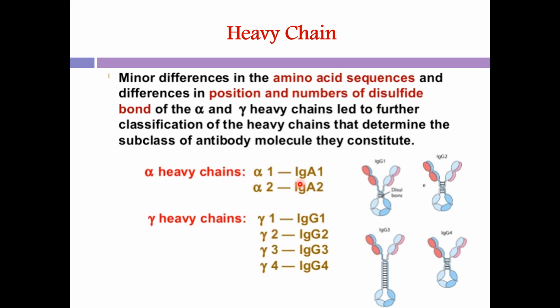So they are classified as alpha 1 and alpha 2, which are IgA1 and IgA2, and gamma, which gives IgG1, IgG2, IgG3, IgG4. So these two immunoglobulins can be further classified on the basis of their different amino acid sequence and the position and number of disulfide bonds.